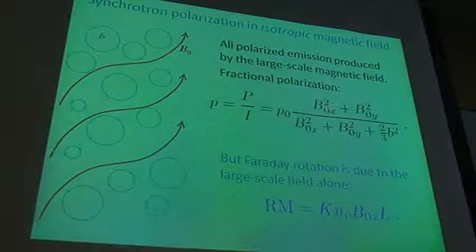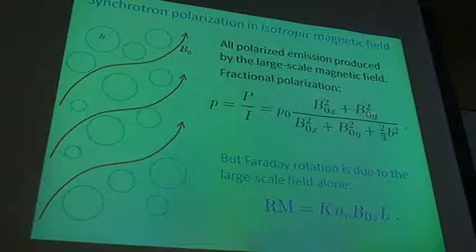Then, if x and y are the coordinates in the plane of the sky, and z is the coordinate along the line of sight, then indeed the polarized emission depends on the regular magnetic field, B0x squared plus B0y squared. This is the component squared of the magnetic field in the plane of the sky.